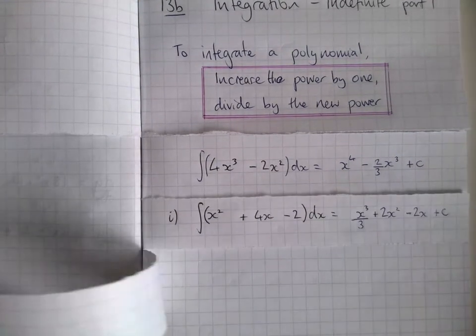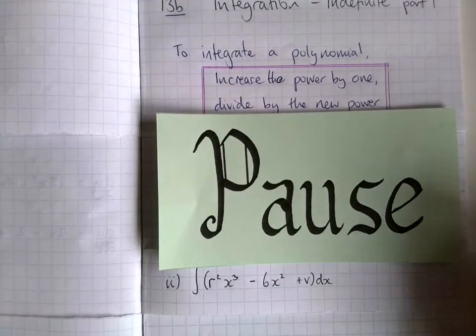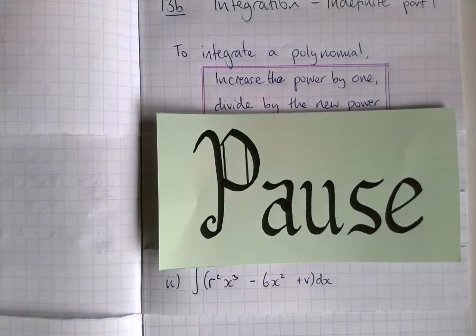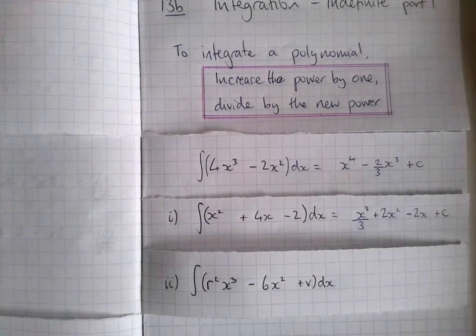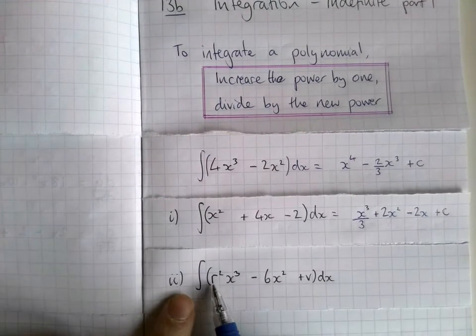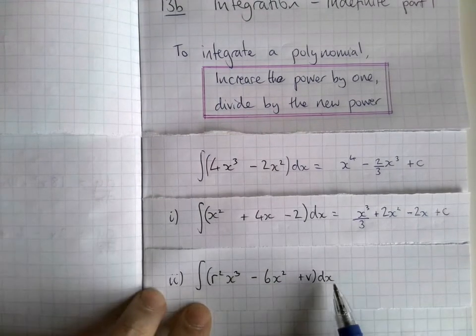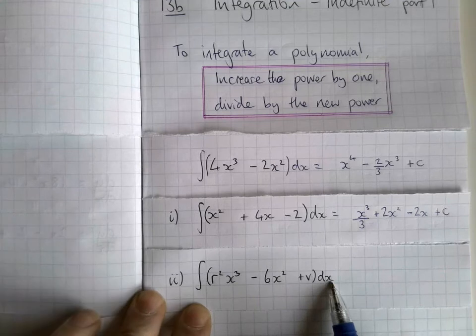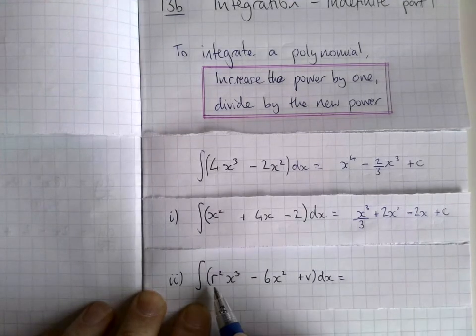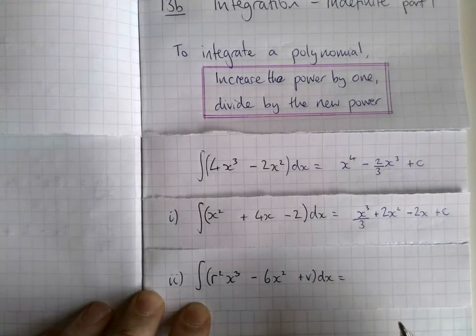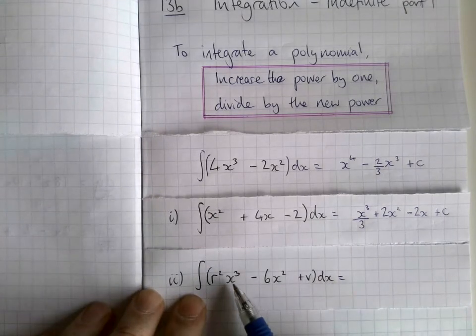Here's another one. It's possible that this one confused you a little bit because it's got r's and v's in there, and that's really where this, with respect to x, comes in. So, as far as we're concerned, the r and the v are just constant terms and don't really play much of a part.